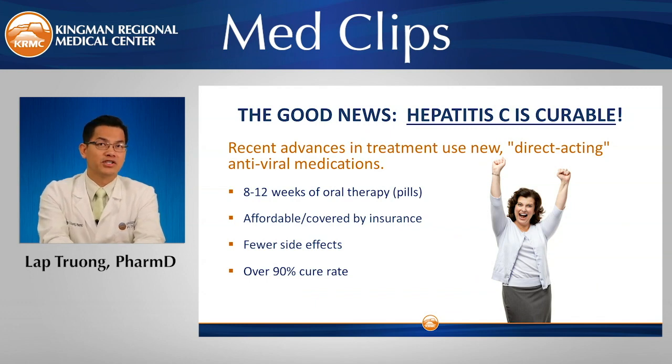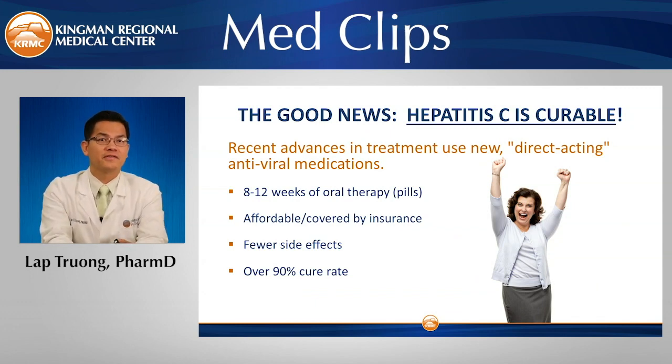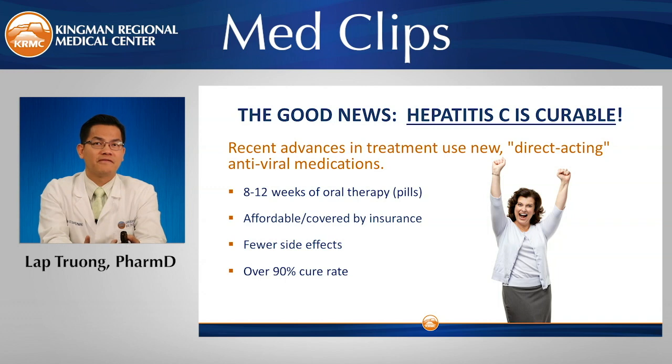Besides that, we also have good news about hepatitis C. Even though there is no vaccine, it's totally curable. The cure rate can be up to 100%, depending on what medications you're on, how compliant you are, and also drug-drug interactions when you take hepatitis C medication with others.